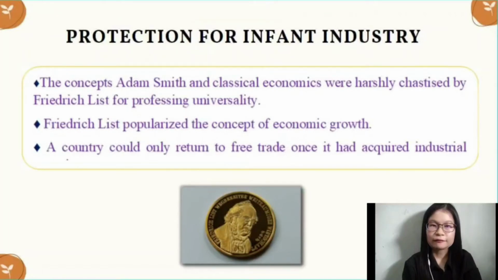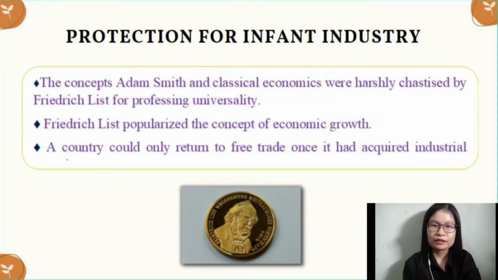After that, there are two reasons why Adam Smith and classical economics were harshly chastised by him for professing universality. The reasons are because this was fit for England and not for developing countries. The importance of the state and what history teaches us were both heavily emphasized.